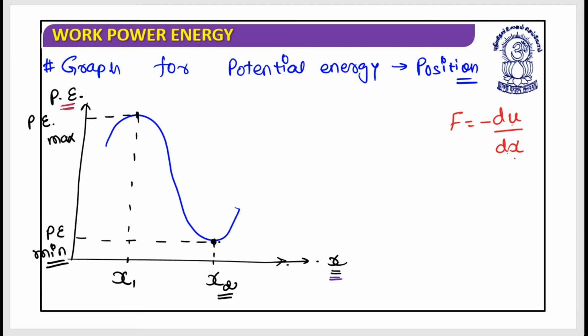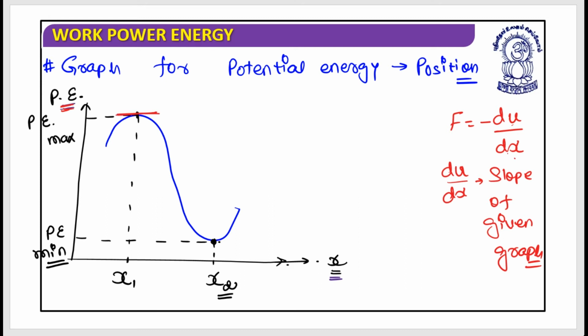So du by dx is the slope of this graph. This is the slope of the given graph.